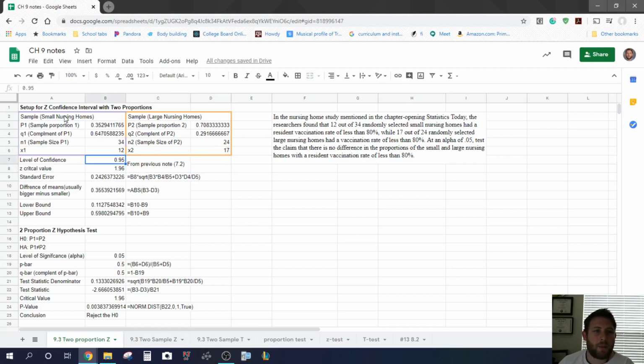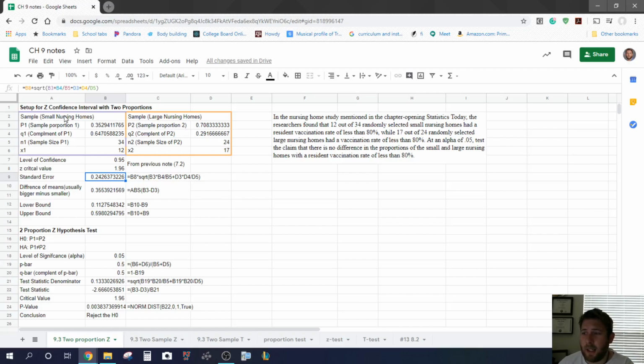Okay, because this is a proportion, I do know a few things. Since our alpha is 0.05, that means my level of confidence is 95%. From a previous lesson, we know that our critical value is already 1.96. For our standard error, I used a formula from our formula charts.